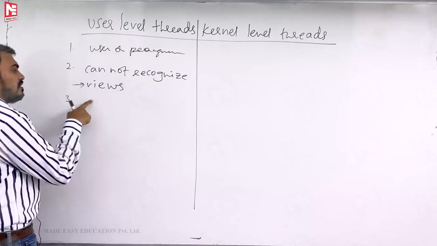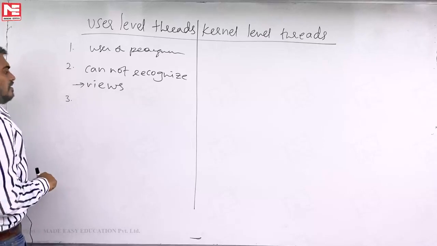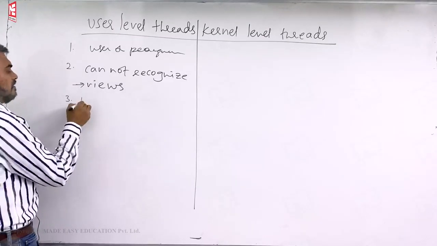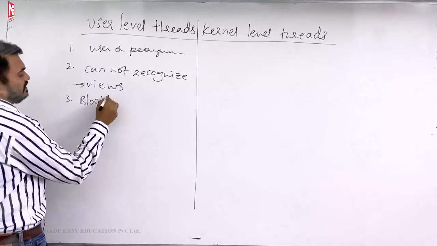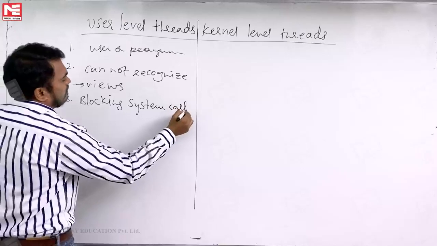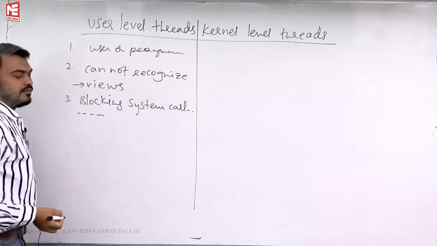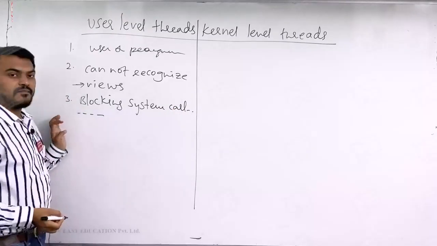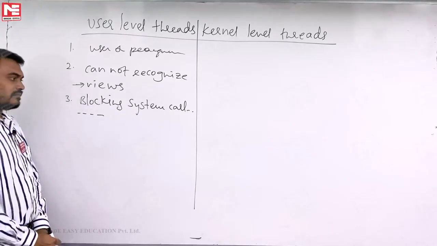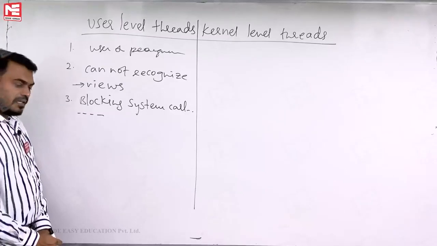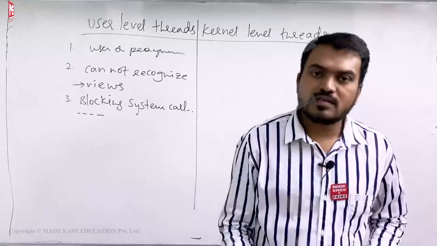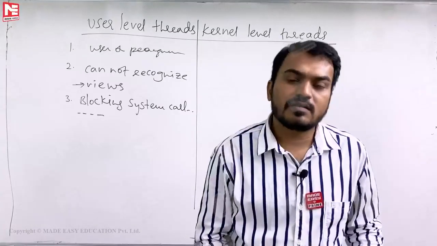Third point, if one user level thread is performing blocking system call, then the entire process will go into block state.